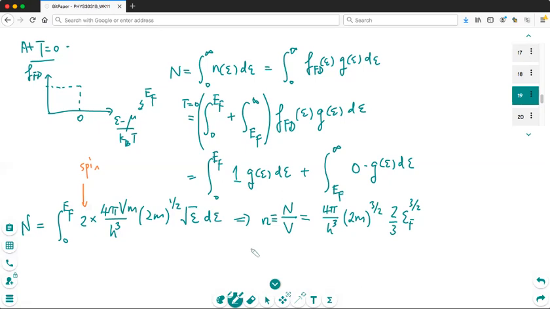Okay, so the Fermi energy, this is what we're after. You have this N here, you have everything here, which you can rearrange. So the end result is something like this. You have h squared divided by 2m, and then you have this vector here, n.